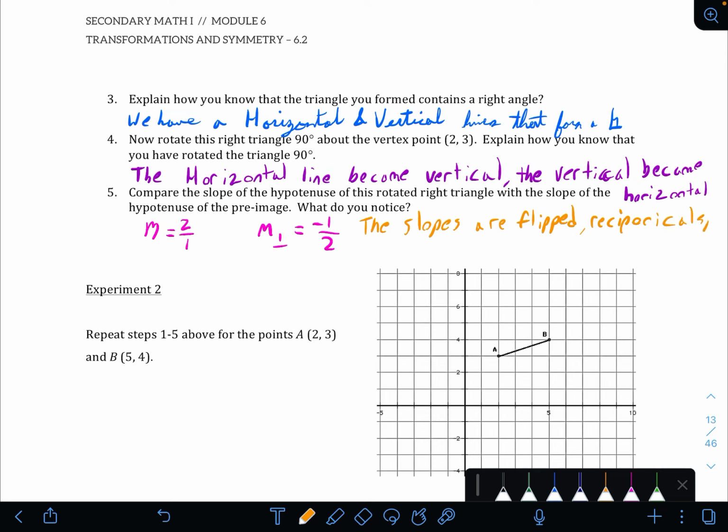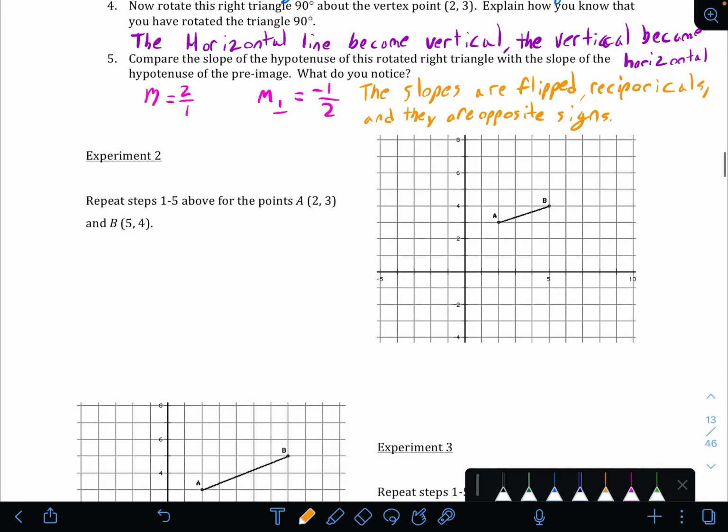Okay, there's flipped or they're reciprocals, and they are opposite signs. So the slopes are flipped or reciprocals, and they are opposite signs.